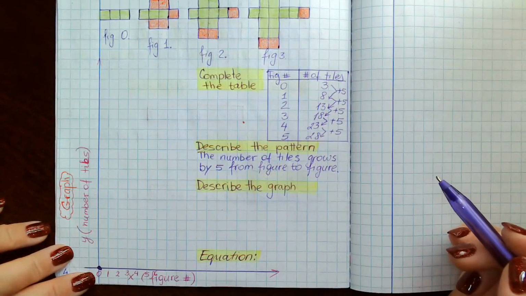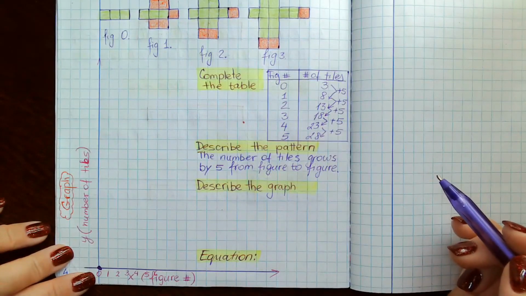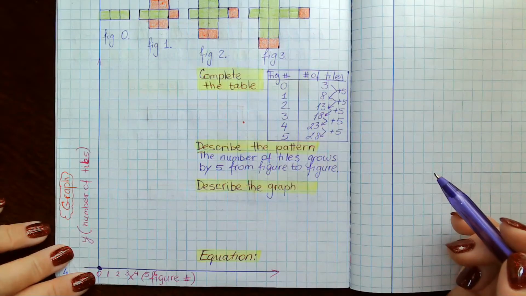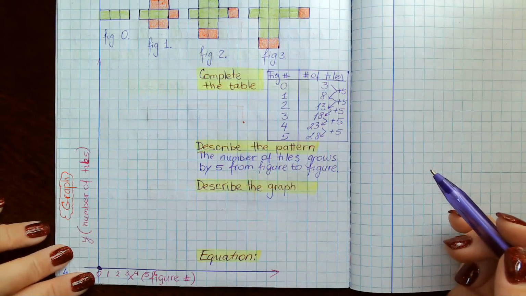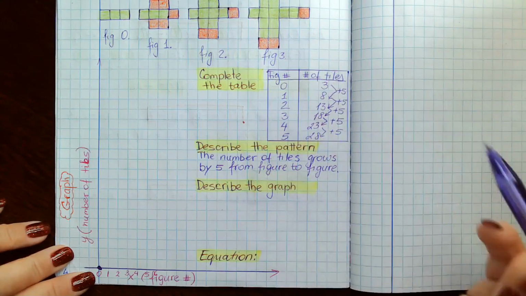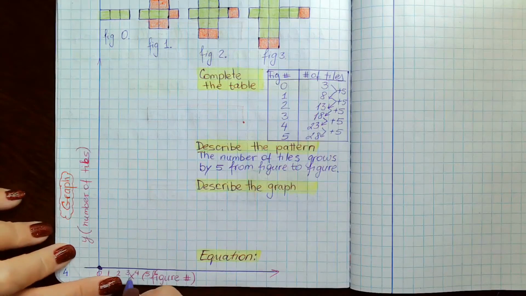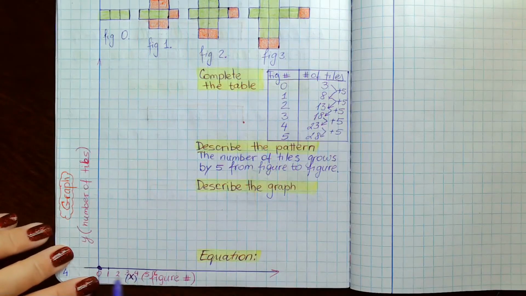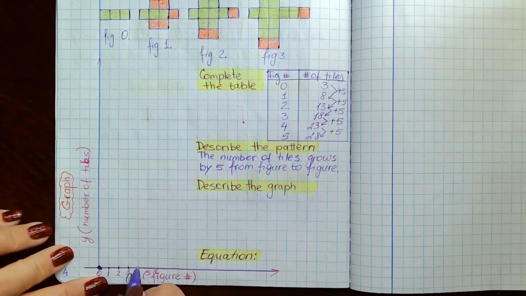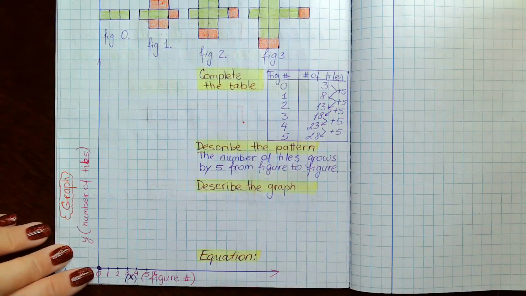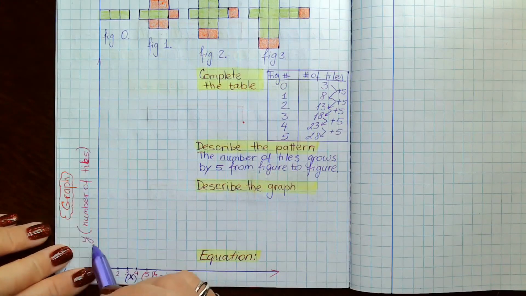So I'll just put a few numbers to see the growth, not all of them, and observe what kind of graph will be represented by this set of data. So on the x-axis, the figure. So my x will be represented by the figure number. So I have 0, 1, 2, 3, 4, 5. And then for the y-axis, it's going to be the number of tiles used.